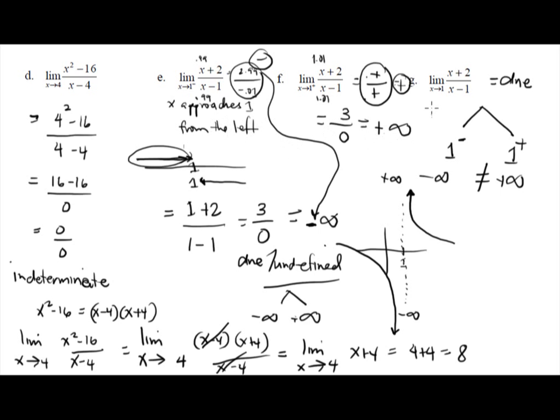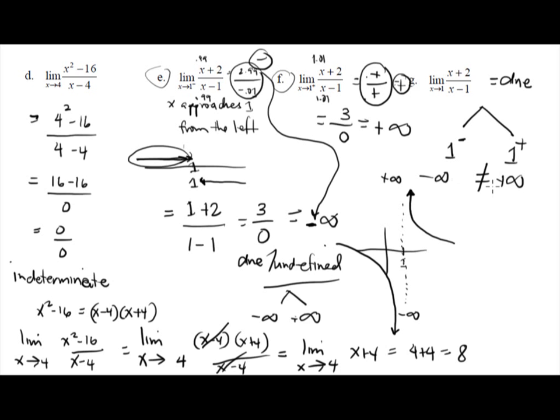If that happens, then the limit for G still does not exist as a number, but you can conclude that it is positive infinity, because from the left and from the right are going in the same direction. In the same way, if the answer to letter E is negative infinity and the answer to letter F is negative infinity, then the limit as x approaches 1 is also negative infinity.